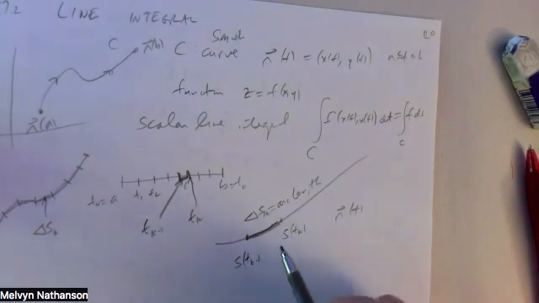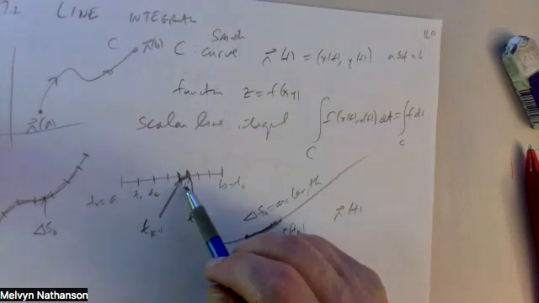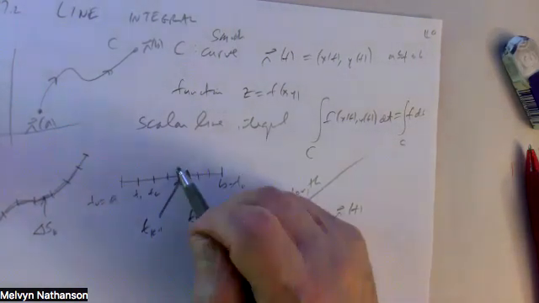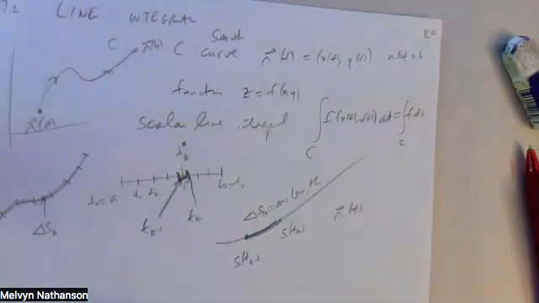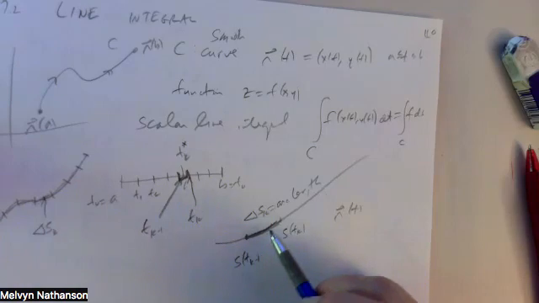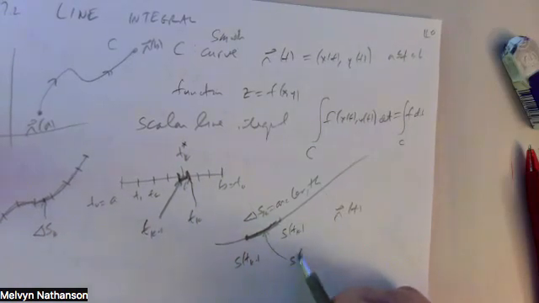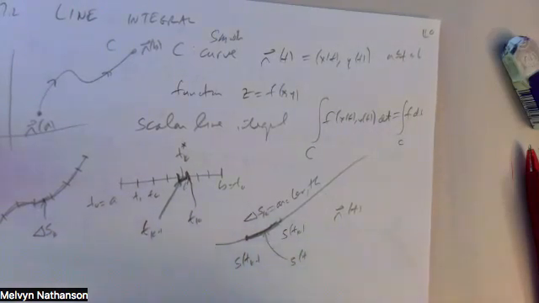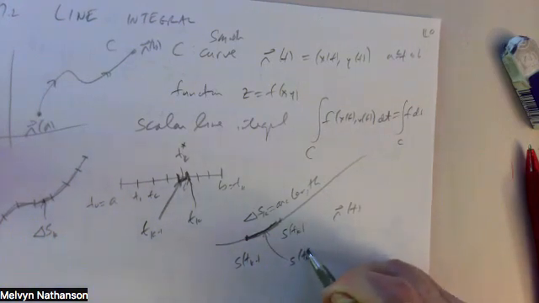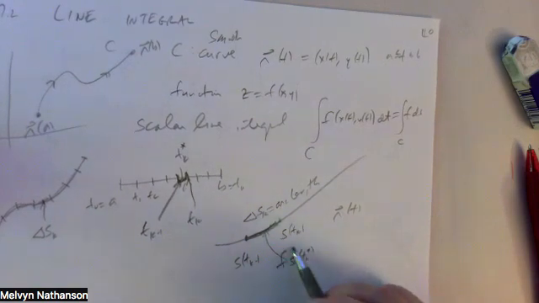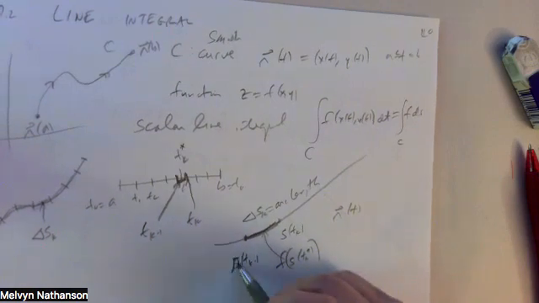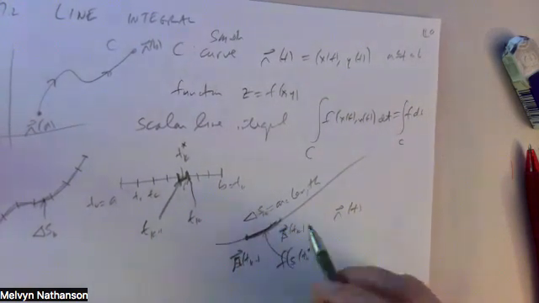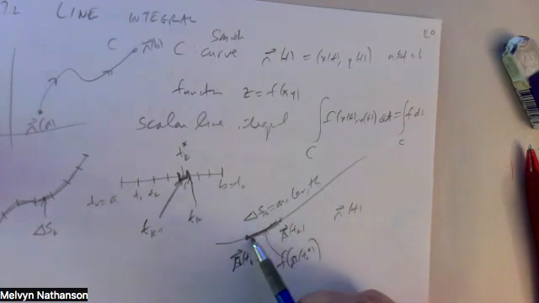And in the interval from t sub k minus 1 to t sub k, you pick some point called t sub k star. We evaluate the function at that point. Sorry, this is r of t sub k, and this is r of t sub k minus 1, and delta s sub k is this arc length.